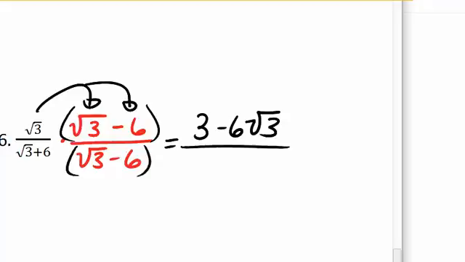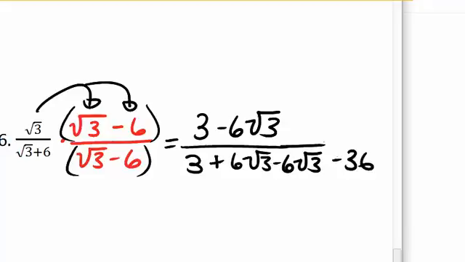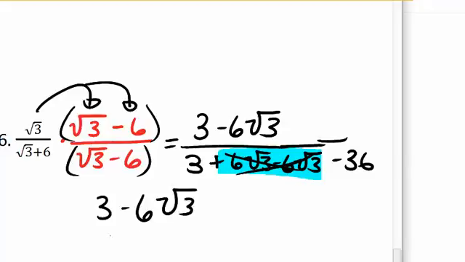And if you FOIL the denominator, you're going to get 3 plus 6 square root of 3 minus 6 square root of 3 minus 36. And again, these middle numbers should cancel out. And so you're left with 3 minus 6 square root of 3 minus 33.